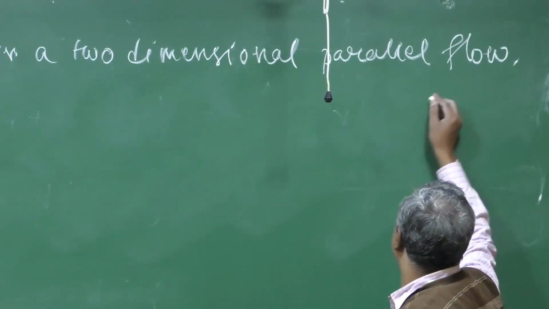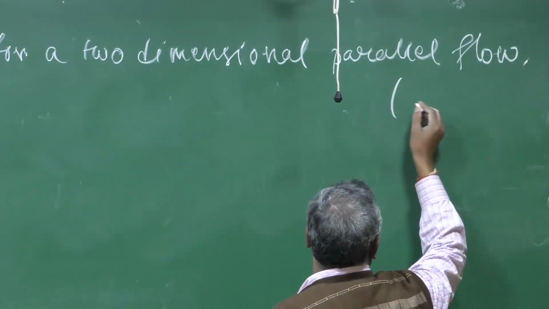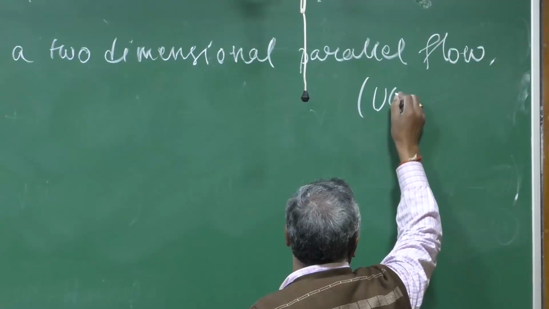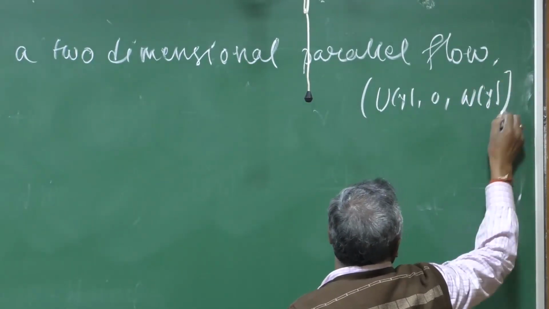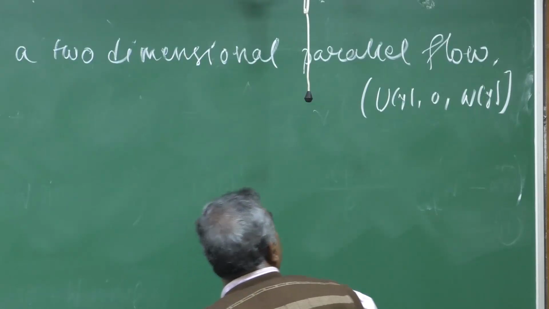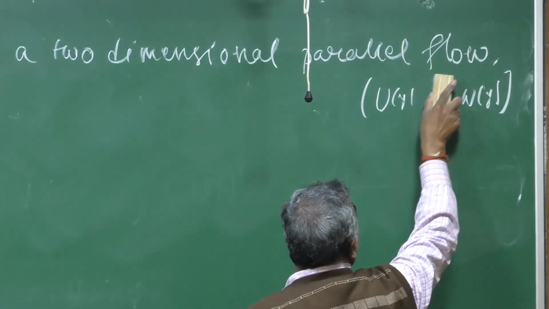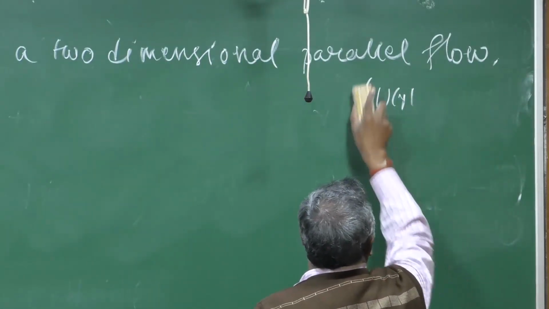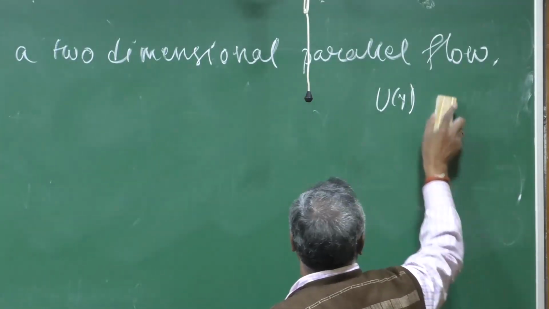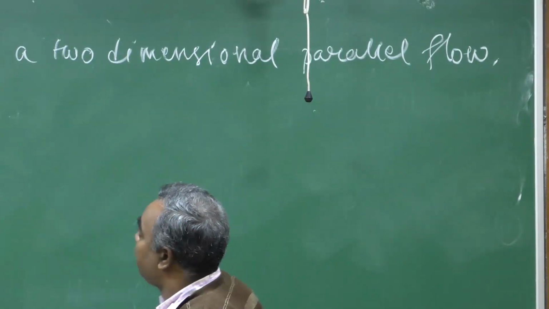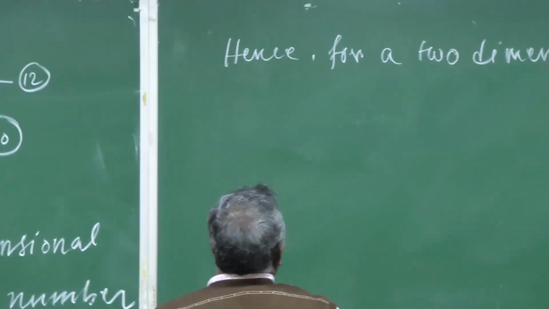Okay. So, that means earlier if you remember we considered u as a function of y, v and w. Okay. So, here we are considering that we do not have these two components, our mean flow is just like this. Okay. It is a function of y only.